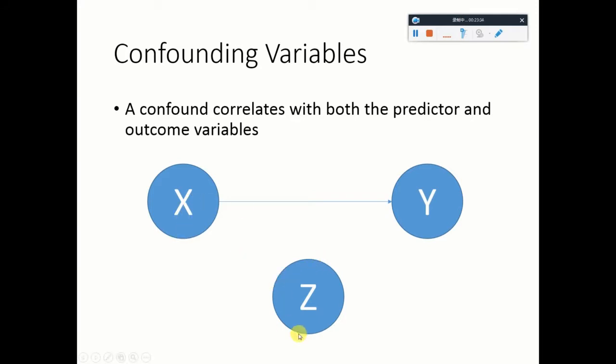How would z impact the correlation between x and y? Well, it turns out that the first thing we'll examine is whether z correlates with x and correlates with y. So in this case, let's assume that z correlates with both x and y. Okay, so that's why we have arrows pointing from z to x and from z to y.